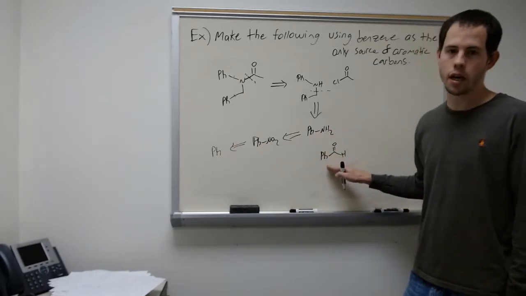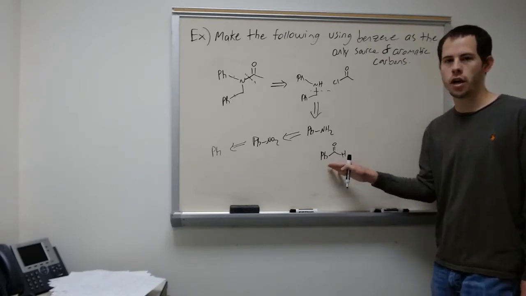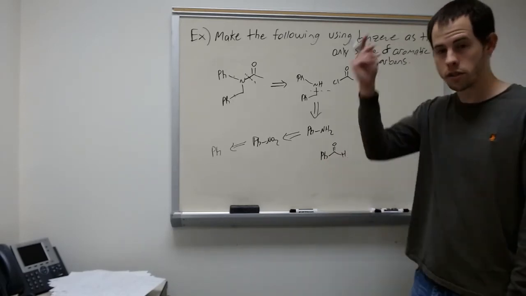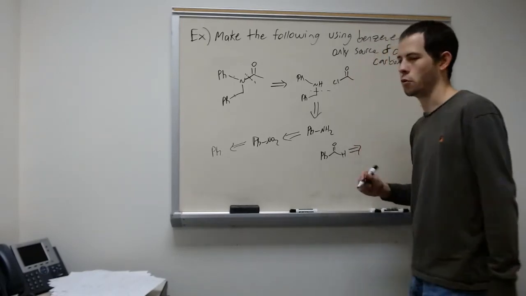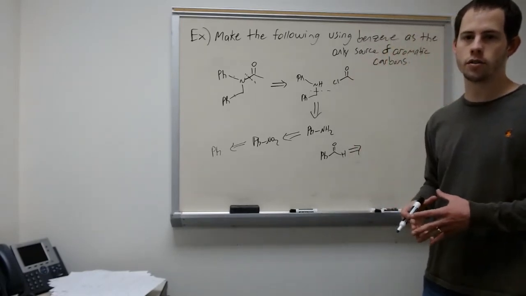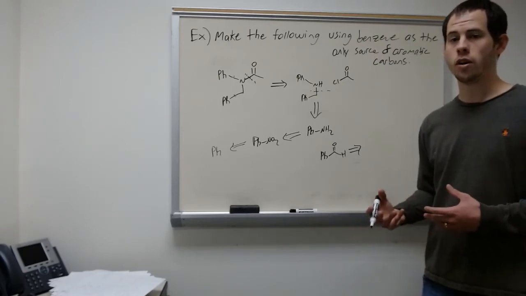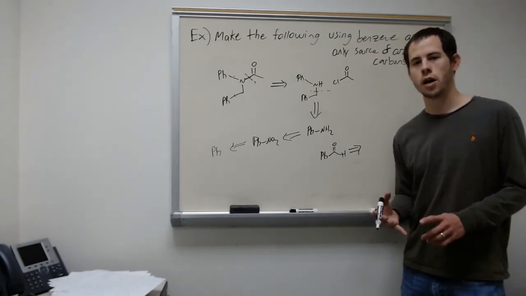Now how do we make this aldehyde? So we just learned how to oxidize the benzylic position, and so we could think backwards. But remember, the oxidation we just talked about gets us to the carboxylic acid. Do we know how to go from carboxylic acids to aldehydes?